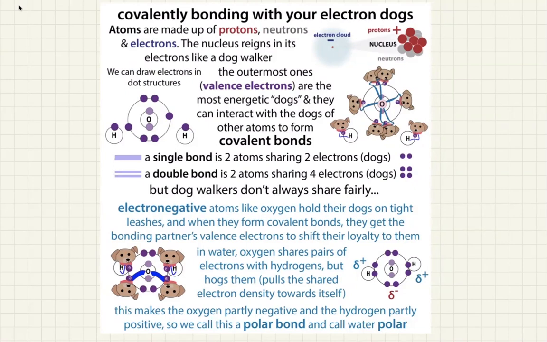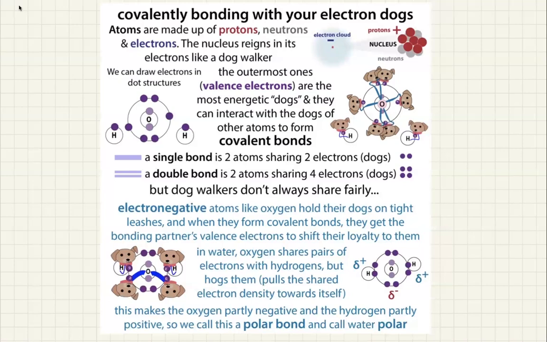Just like the protons have a positive charge and the electrons have a negative charge, the protons are attracting the electrons through that charge, kind of like a dog walker pulling on a leash. And these electrons, these dogs, are really energetic, and they want to get away from that leash, from those protons, because they want to move around as much as they can. But the protons are holding them back.